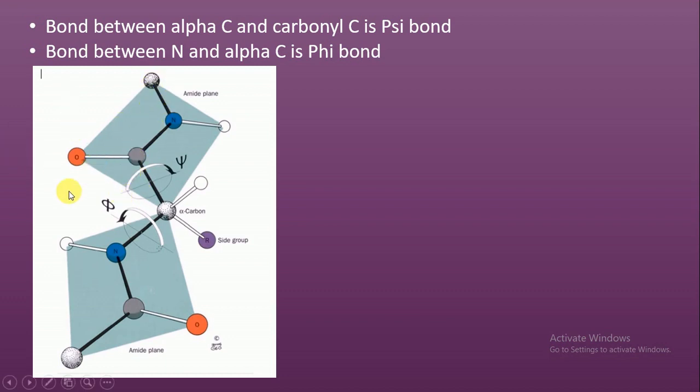Now let's come to this structure. The bond between this alpha carbon and nitrogen, this bond is called Phi bond, and the bond in between alpha carbon and carbonyl carbon, this is called Psi bond.